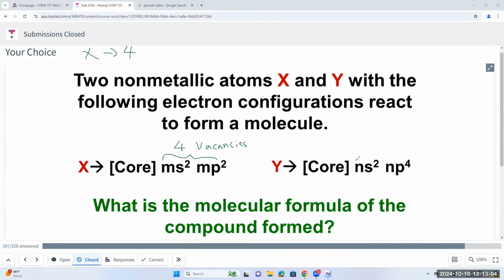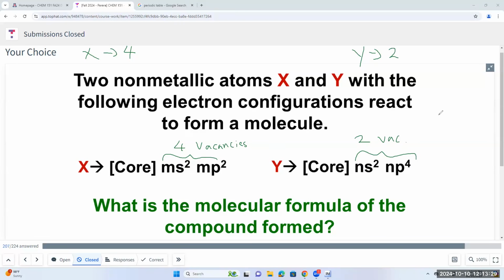On the other hand, Y has 6 electrons, can have up to 8. Therefore, it has 2 vacancies. So therefore, Y is commonly going to form 2 bonds. X is like carbon and Y is like oxygen, if you want to compare to something you're familiar with.